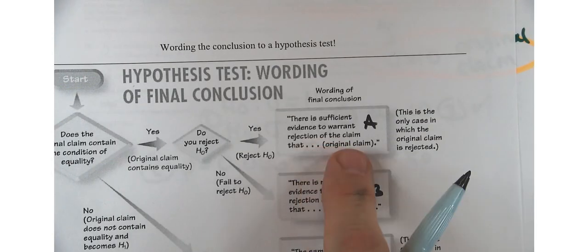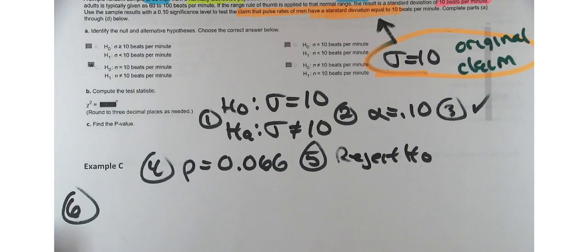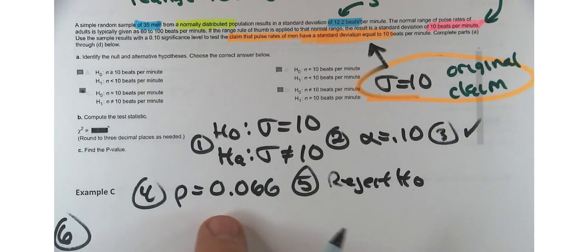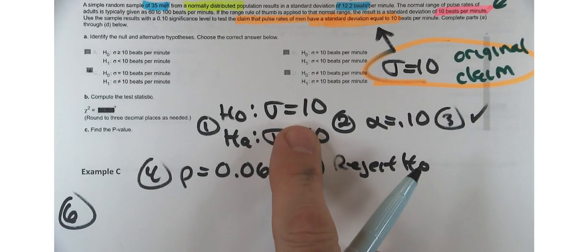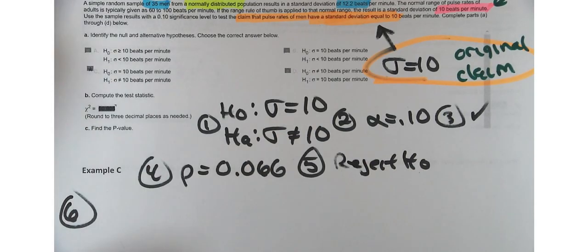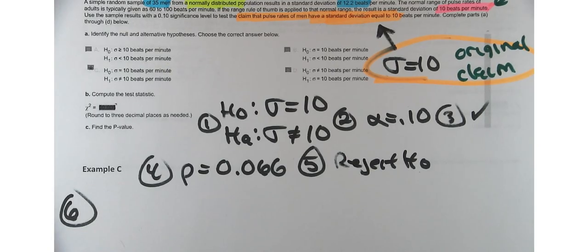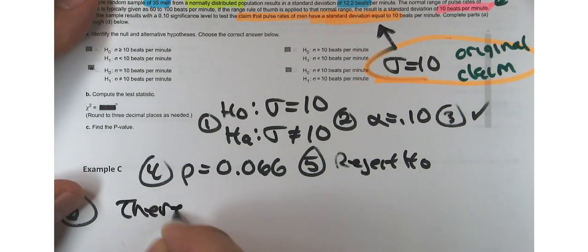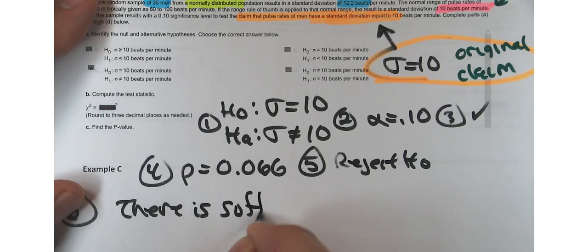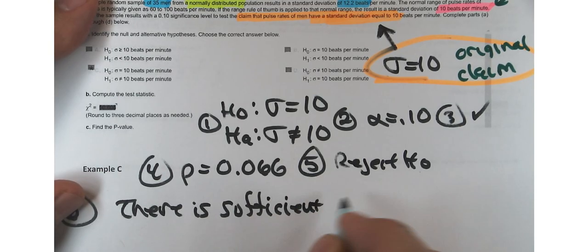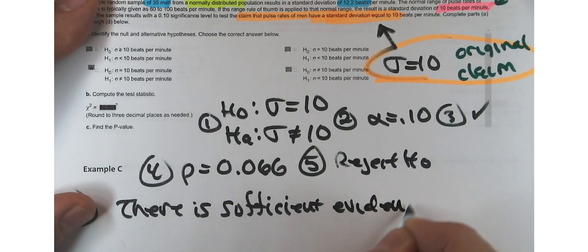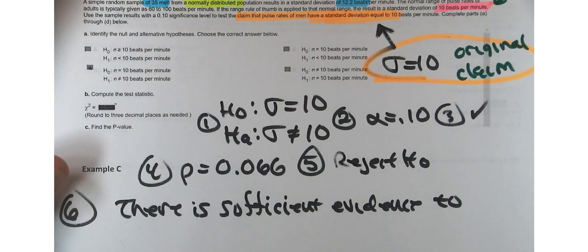So there's sufficient evidence to warrant rejection of the claim that the standard deviation of pulse rates of men is equal to 10 beats per minute.